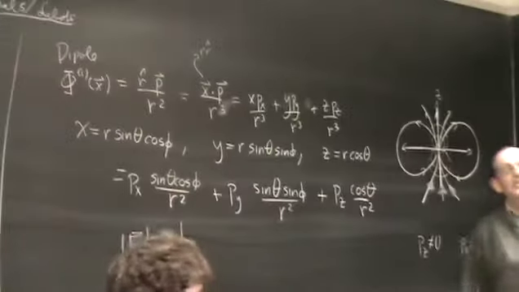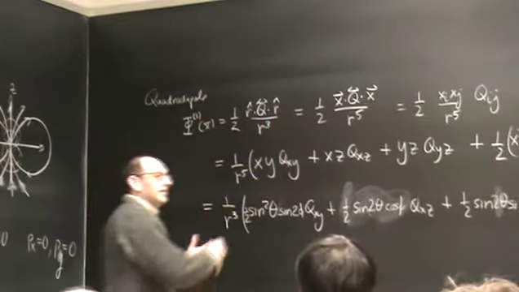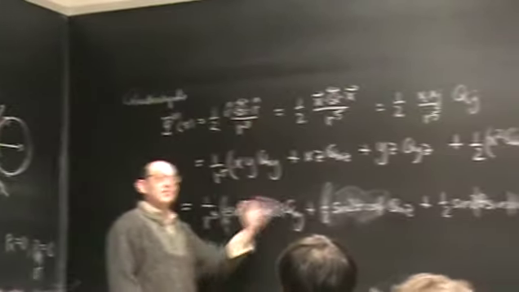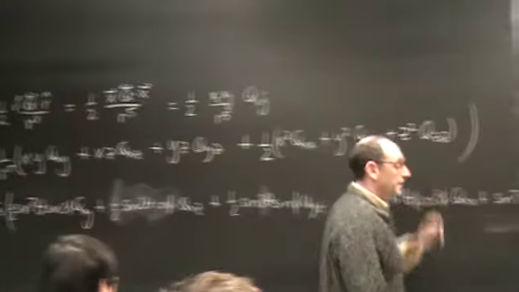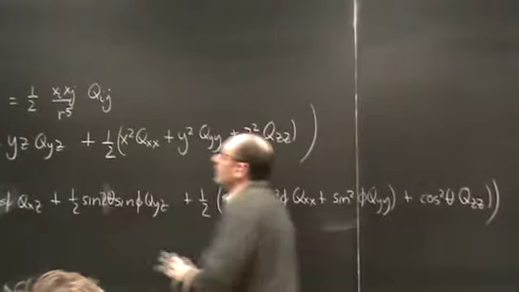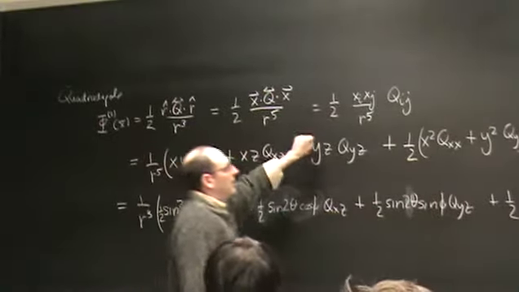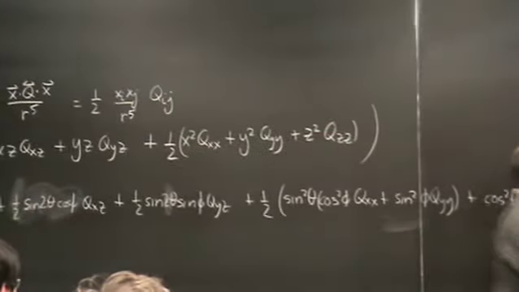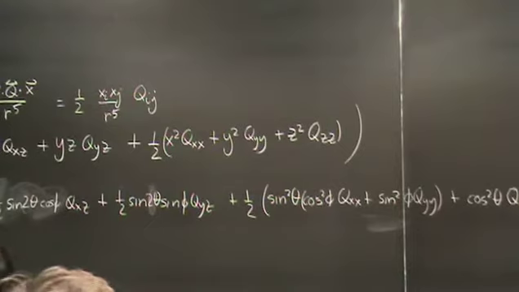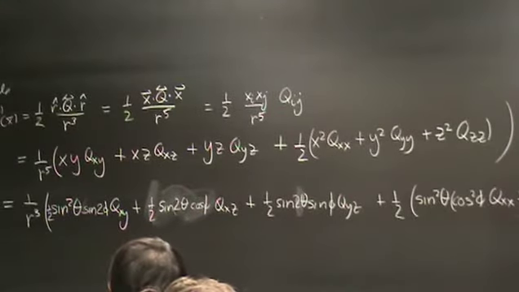L equals 0, there's 1 component. L equals 2, 2 times 2 plus 1 is 5. So these different components, as we'll discuss, are related. These shapes of the quadrupole potentials are the spherical harmonics, or something closely related to them.